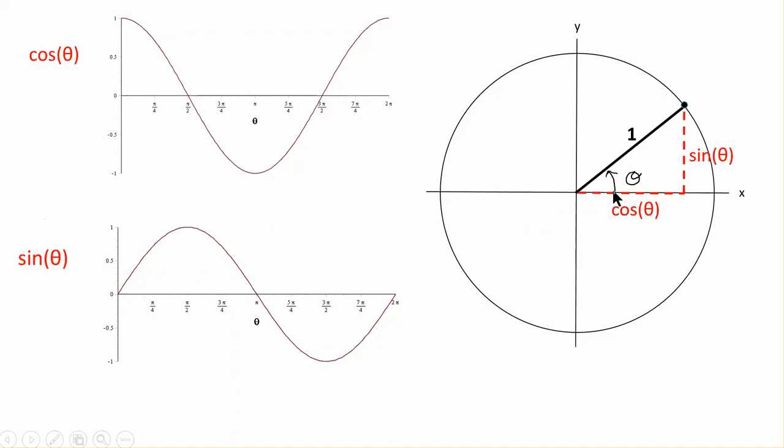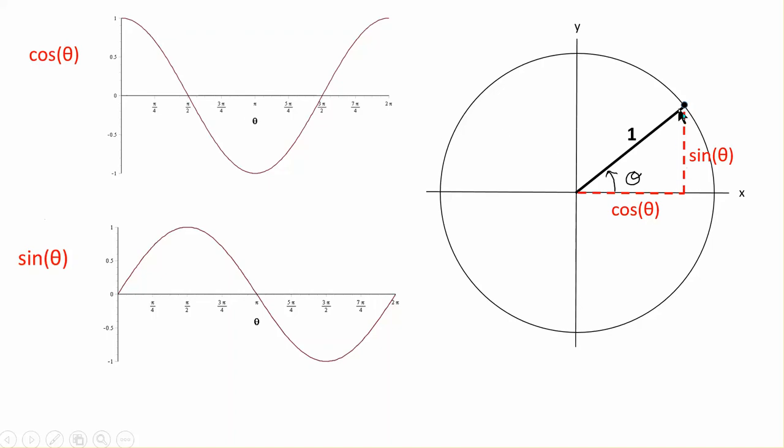Now, as you start increasing the angle, you'll see that cosine of theta, I should say, is decreasing. It started out here, and as you increase theta, so you're moving this point up along here, you're decreasing the length of this side, so cosine of theta is dropping.